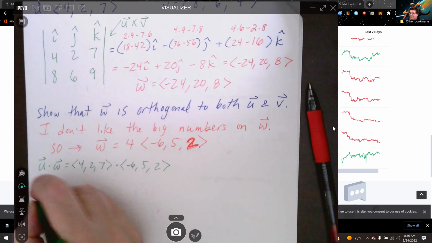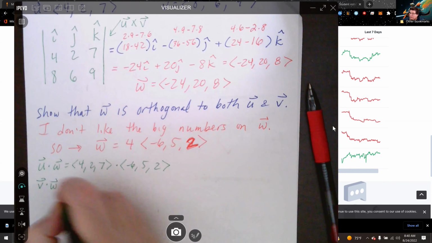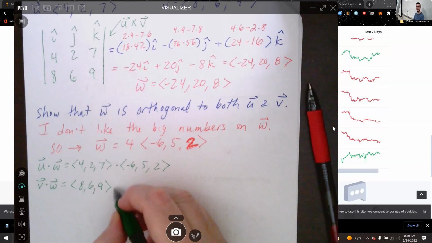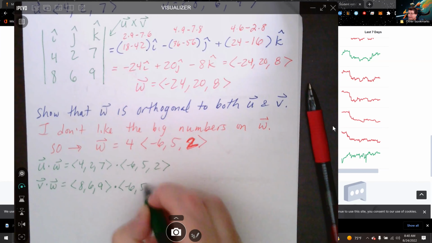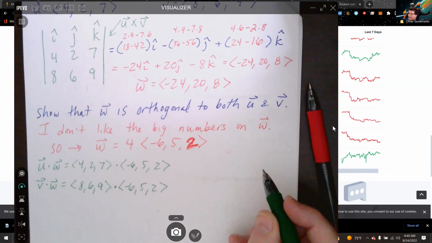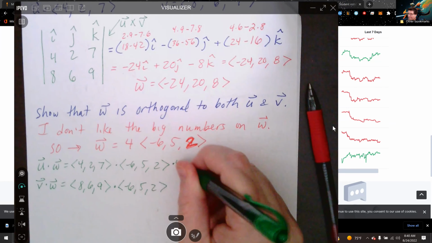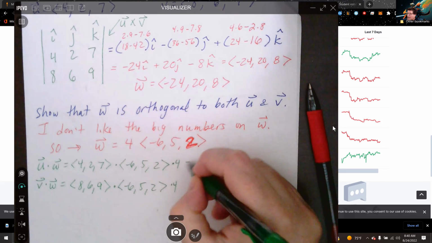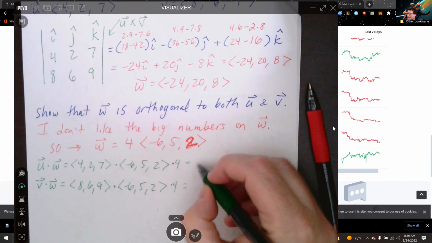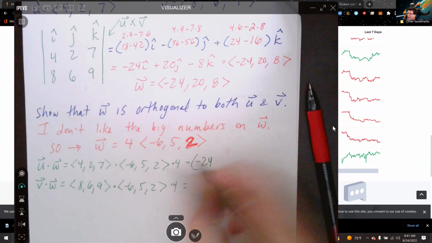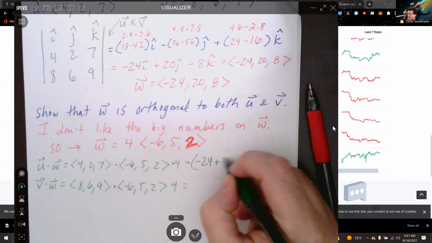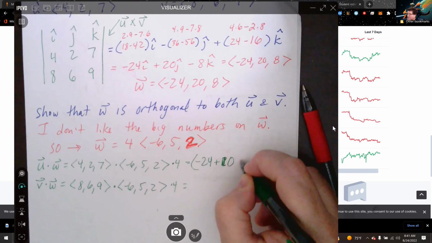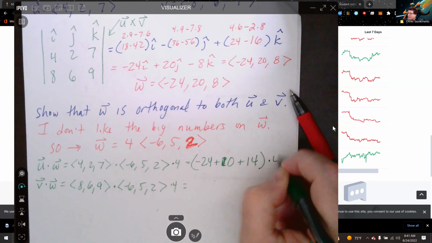I'm going to do V dot W as well. Notice I factored out the 4 to make the math a little bit easier, because I can put the 4 at the end. 4 times -6 is -24. Plus 2 times 10 is 20. Plus 7 times 2 is 14, times 4.